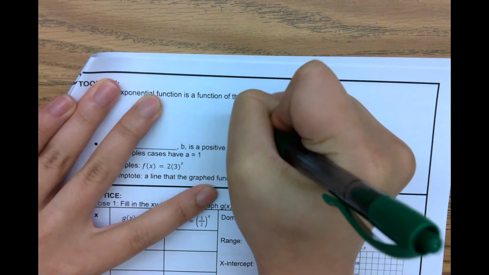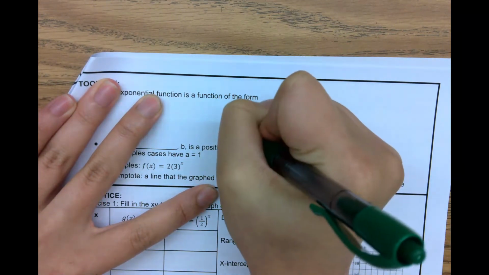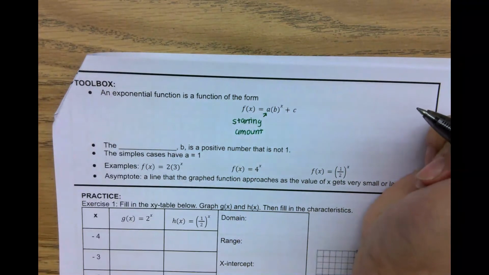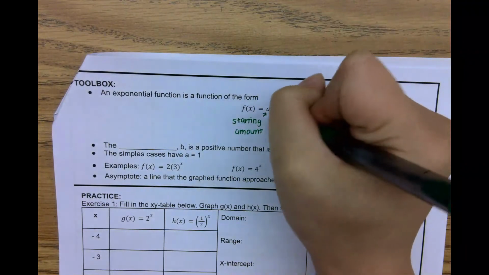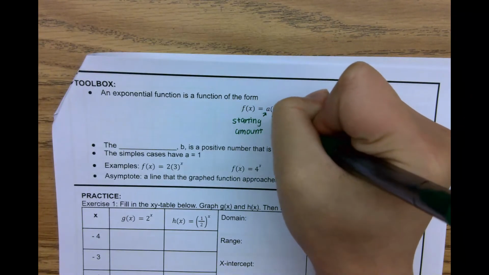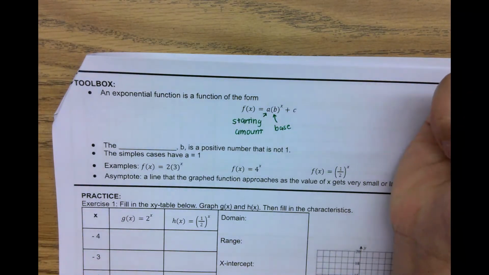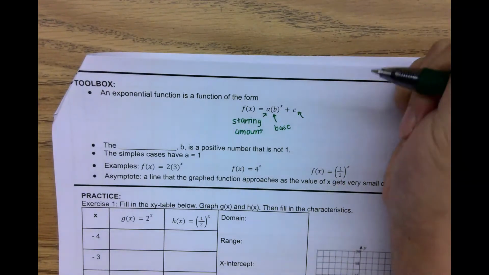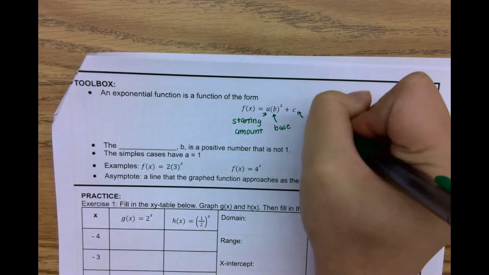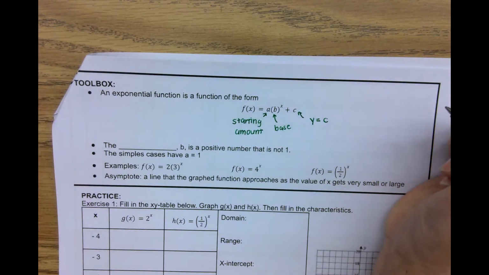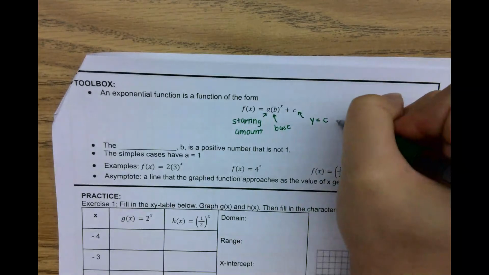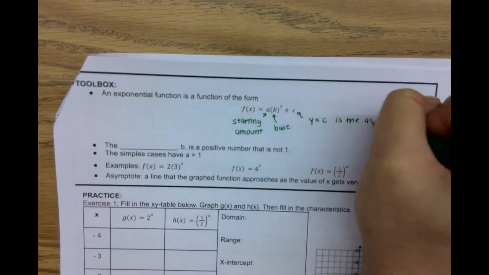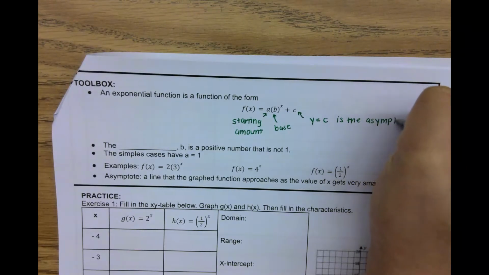It isn't always the case, but that's usually what it is, if we're talking about word problems. b here is our base, what we consistently multiply by. x is our variable, and then c here, what's important is that for an exponential function, the line y equals c is our asymptote. We'll talk a little bit more about what the asymptote is.